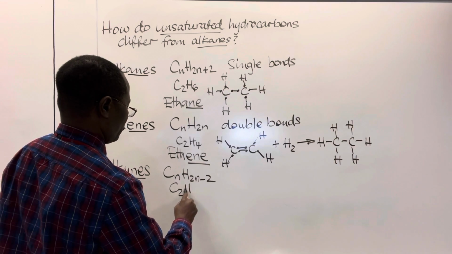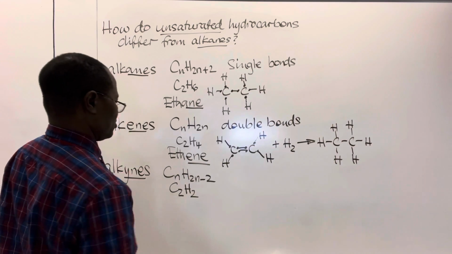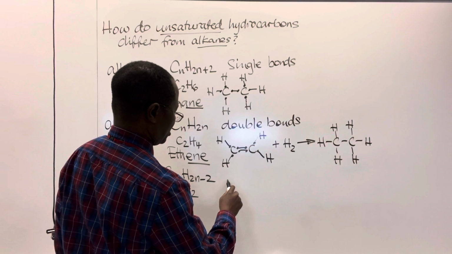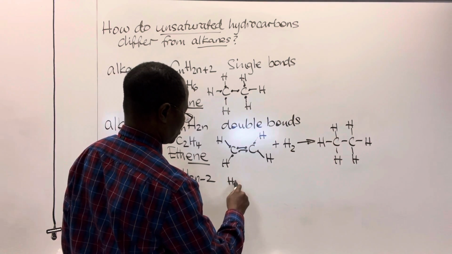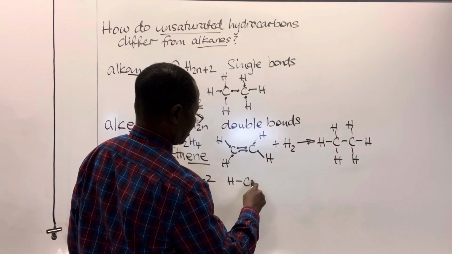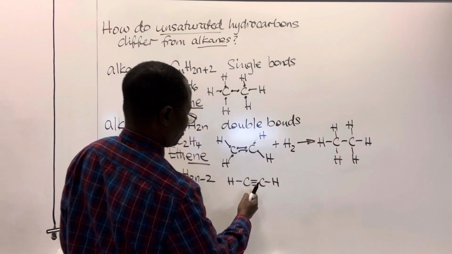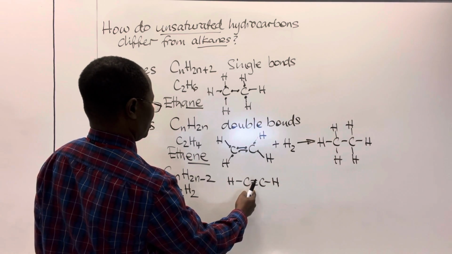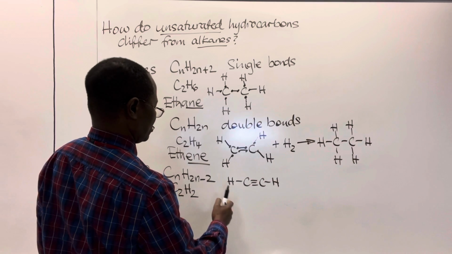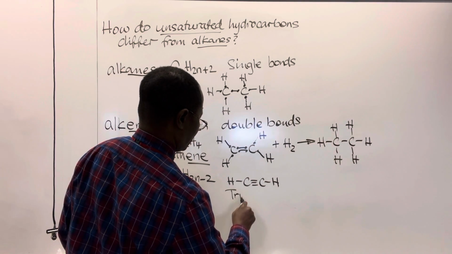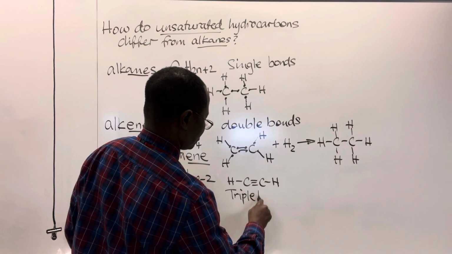So there will be only 2 hydrogens, which means the structural formula is going to be just 1 hydrogen connected to each carbon. There will be a triple bond here, because these ones form triple bonds.